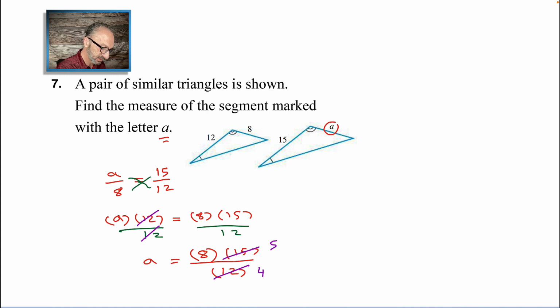We still could simplify more, and let's divide 4 by 4, which is 1, divide 8 by 4, which is 2, and the only thing left is 2 times 5 on top, 1 at the bottom side, and that should give me 10. So the letter A is 10. That should do it.